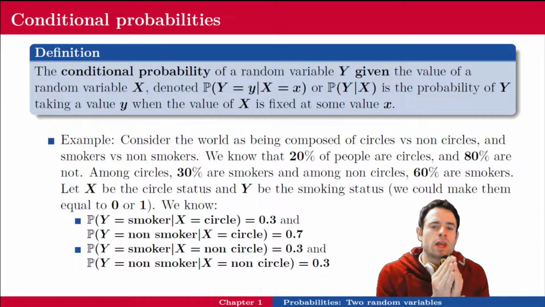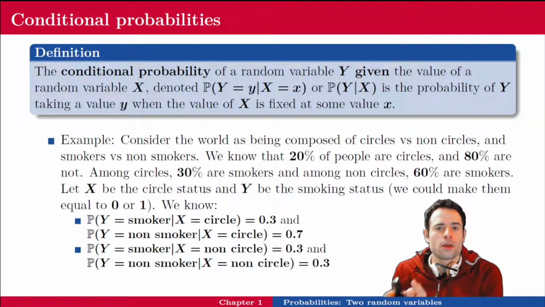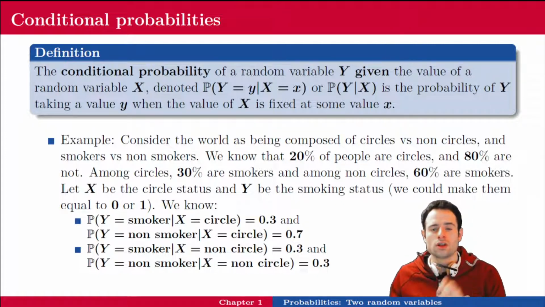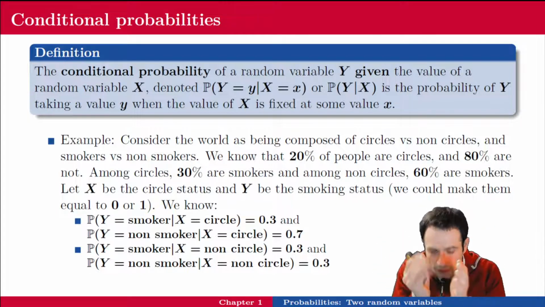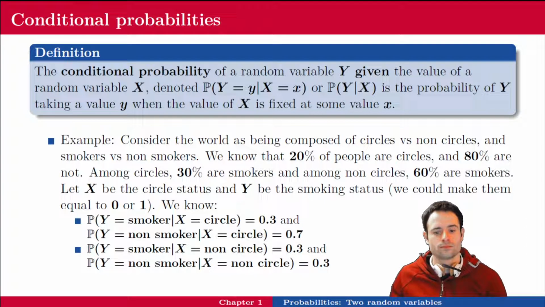But given that I am looking at a man, there is maybe a 50% chance it's a smoker. The probabilities of finding a smoker will be different whether I know if it's a girl or a boy in the first place. And this is what this conditional says. It assumes that we are looking at that particular portion of the population.